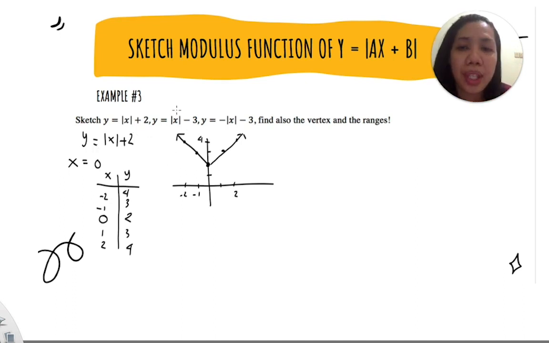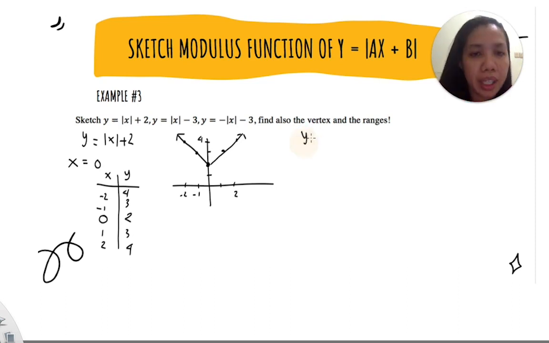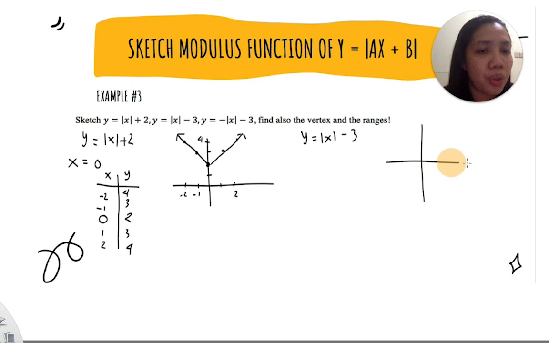Now, what if we have the next function, which is y equals the absolute value of x minus 3? As we have seen before, if we add to the function, then the shifting will be upward. Then, if we subtract 3, it will be shifting downward by that many units.